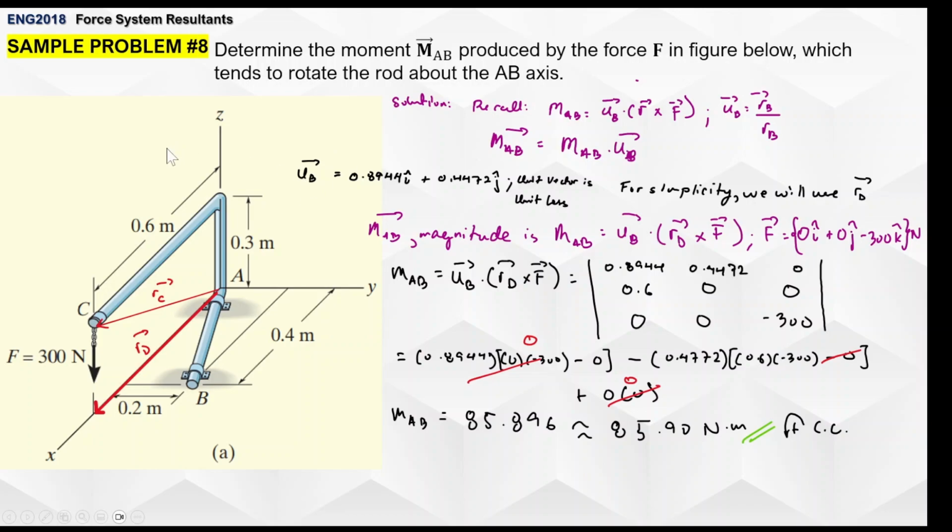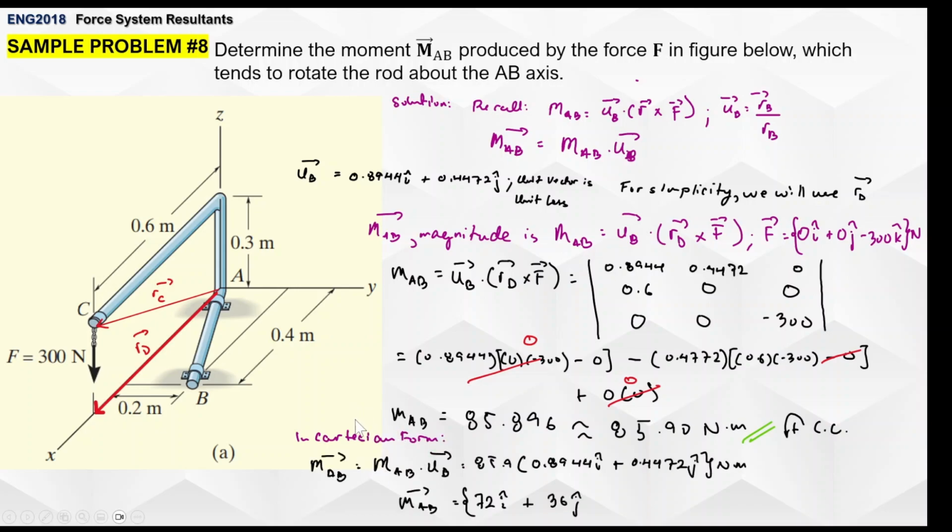And if you want to express it in Cartesian vector form, all you have to do is multiply it again by UV, which will generate i and j hat units. This is going to be 72i plus 36j hat newton meter.